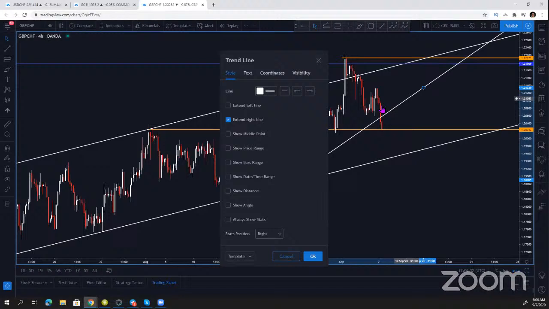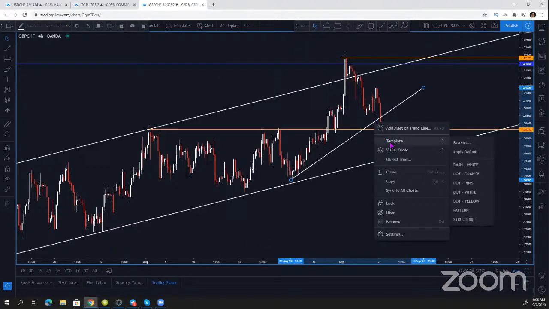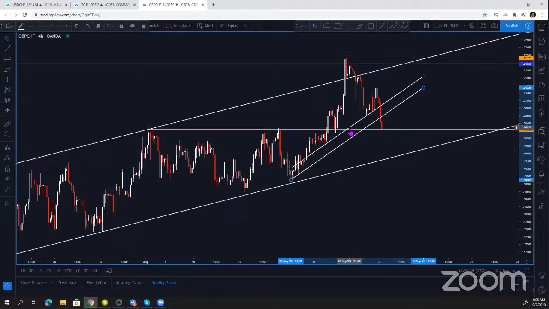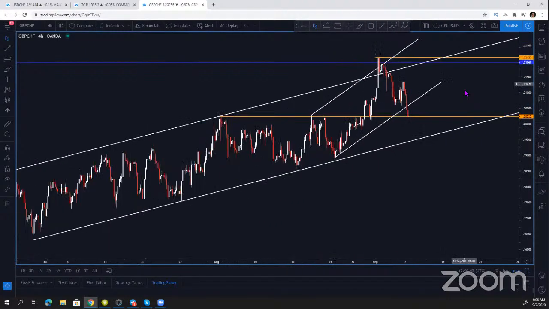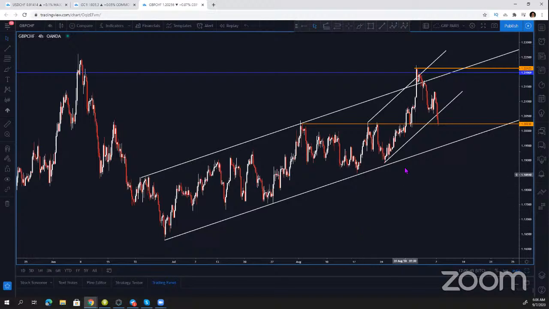Hold on, let me just get rid of the lines, and I'll clone this one too. So this is the structure inside of the structure, looking like a pitchfork to the upside, which is absolutely fine. I just wanted to draw this so you could see what I was looking at.